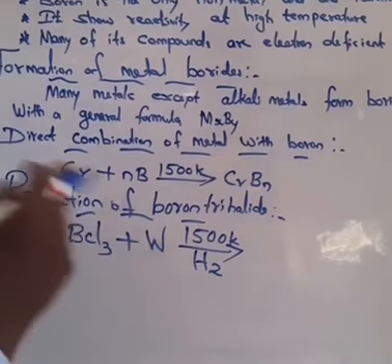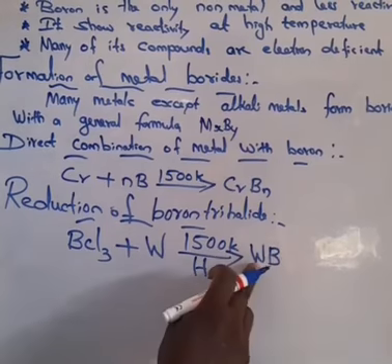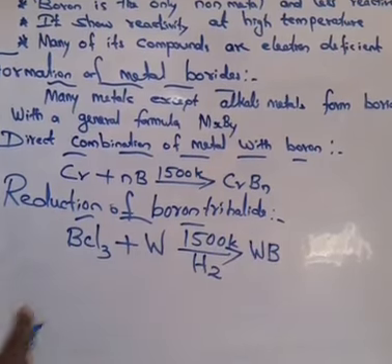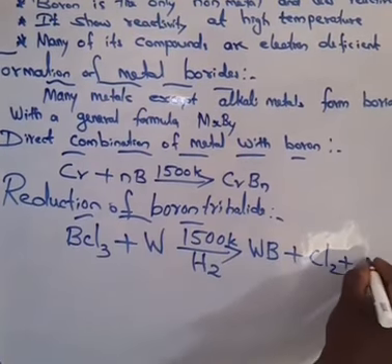We get a metal boride with the formula WB, along with the evolution of chlorine as HCl.